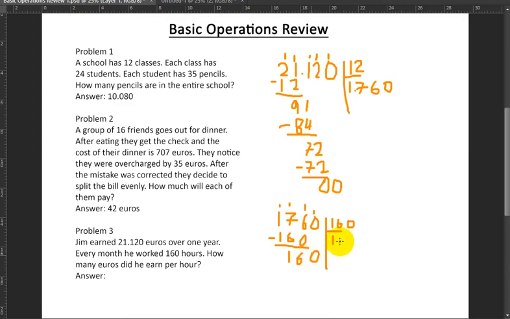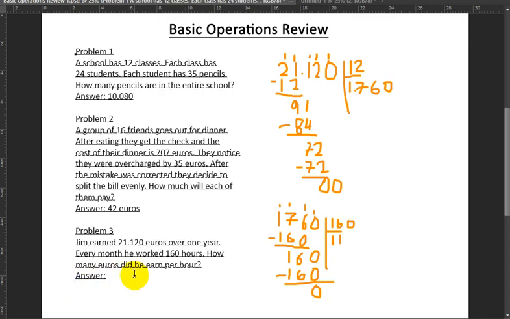How many times does 160 fit into 160? That would also be once. So I would do 1 times 160 gives me 160, which I am going to subtract, and I will get 0. Perfect. So the answer would be that it makes 11 euros per hour.